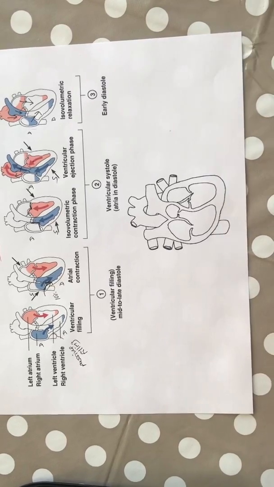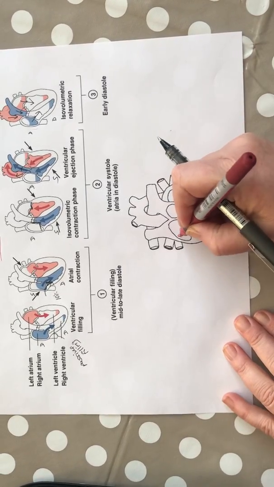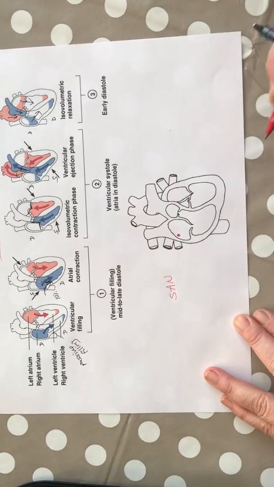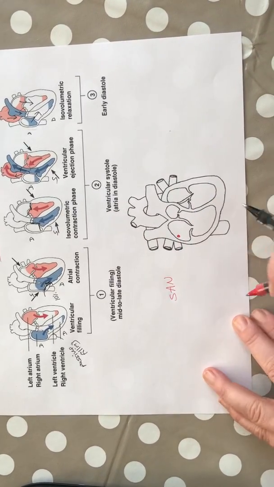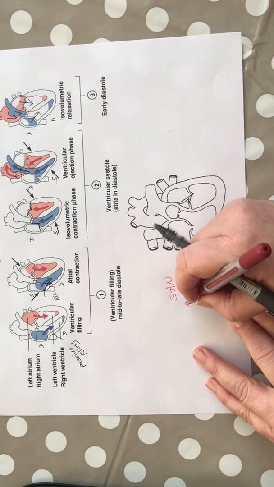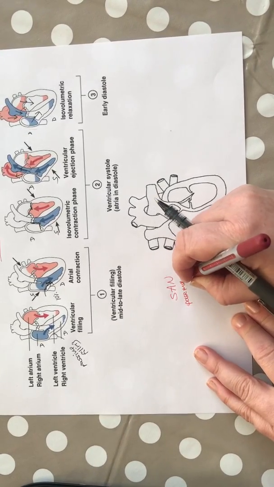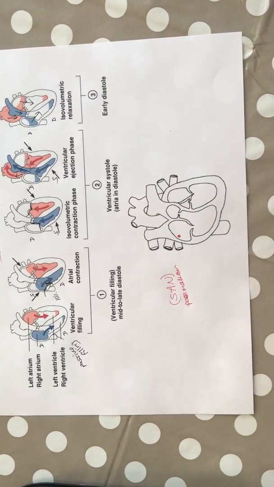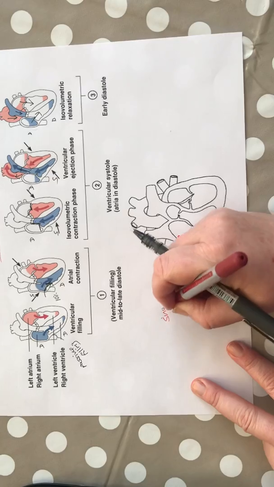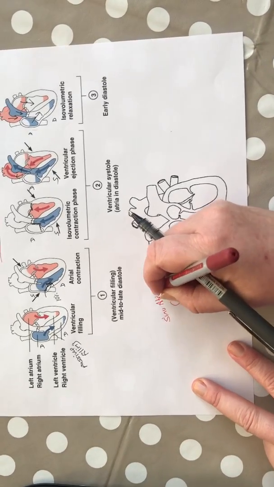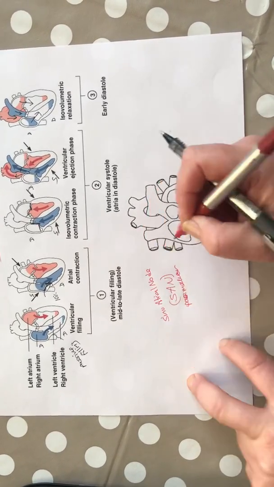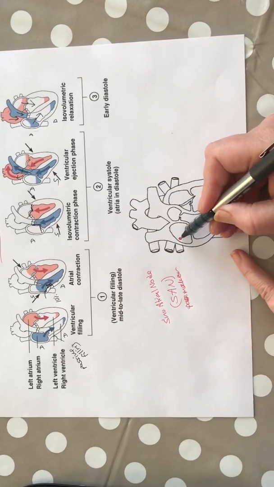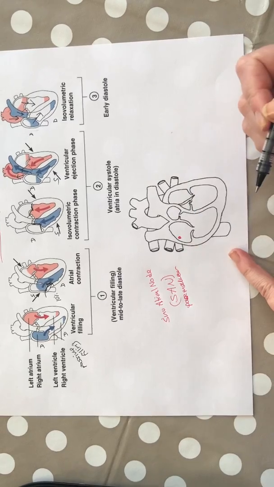The thing that controls the pulse of the heart is the SAN, the sinoatrial node, otherwise called the pacemaker. The sinoatrial node is located in the wall of the right atrium, like that.